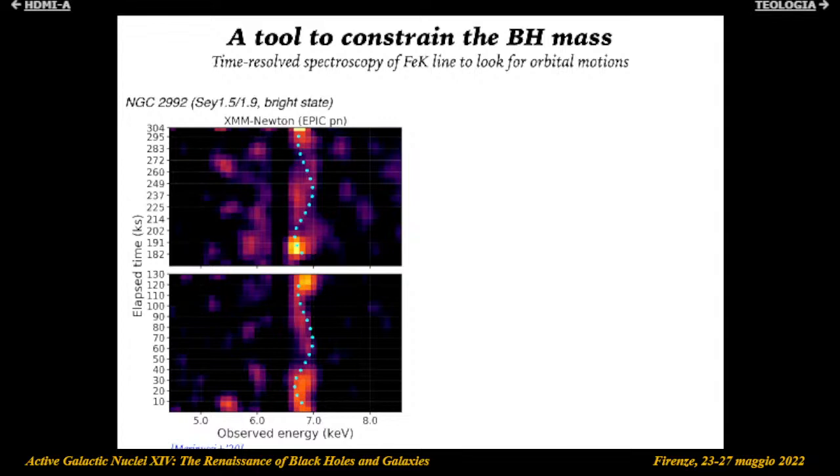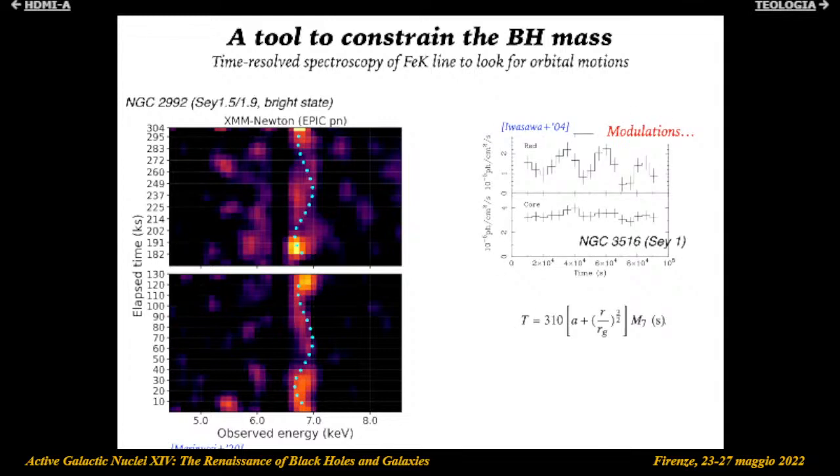So we can extract light curves over a range of energies. And in some cases, it has been shown that there is some hint of modulations. And this modulation, if due to orbital motion, would allow us to constrain the black hole mass. Now, the problem with this is that usually the light curves are short, so we cannot follow the modulation over very long time scales.